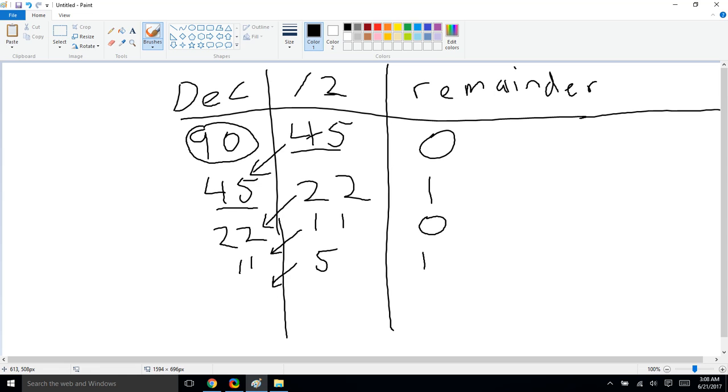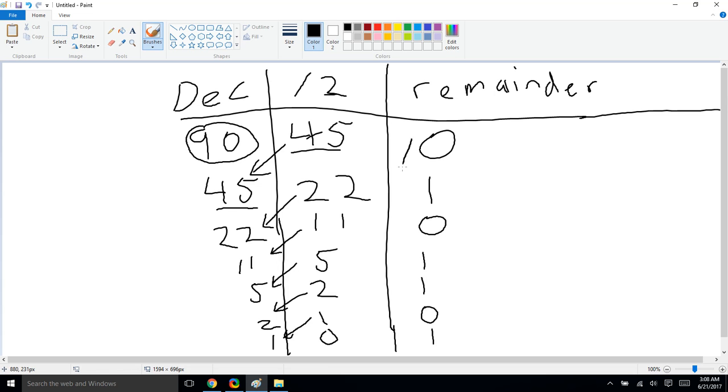Now 5 divided by 2 is 2, with a remainder of 1. 2 divided by 2 is 1, with a remainder of 0. And last of all, we have 1 divided by 2 goes in 0 times, with a remainder of 1.